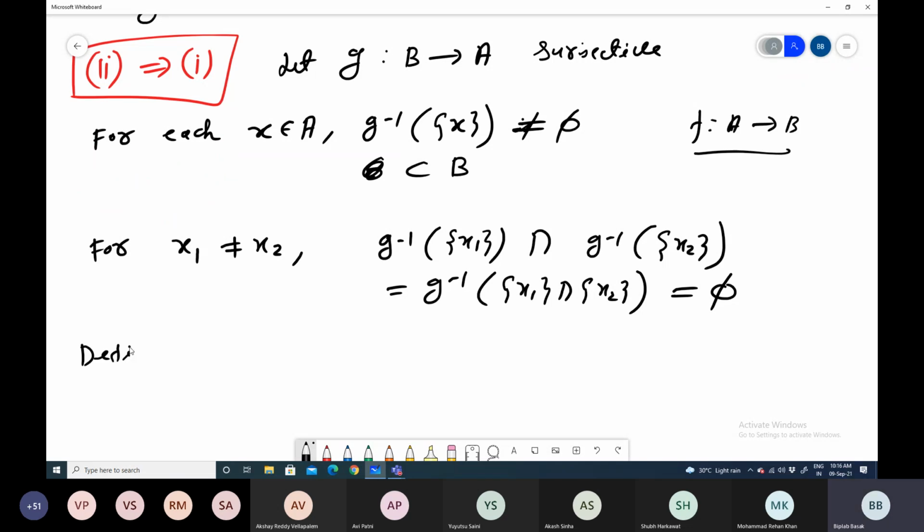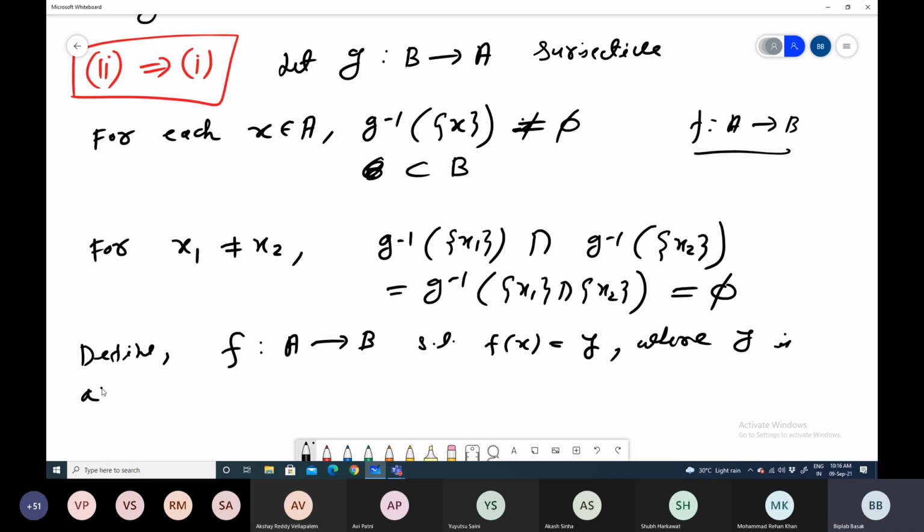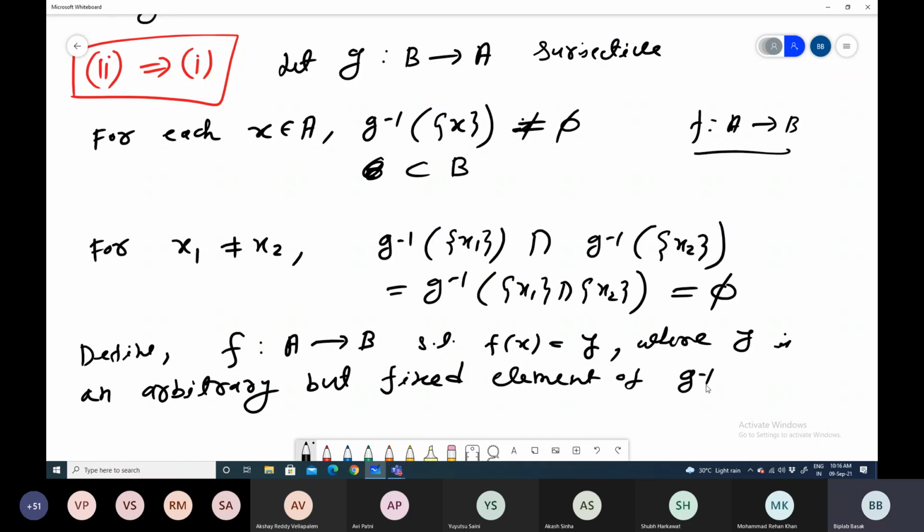Define f from A to B such that f of x equals y, where y is an arbitrary but fixed element of g inverse x.